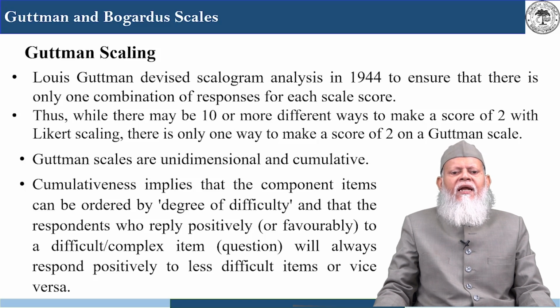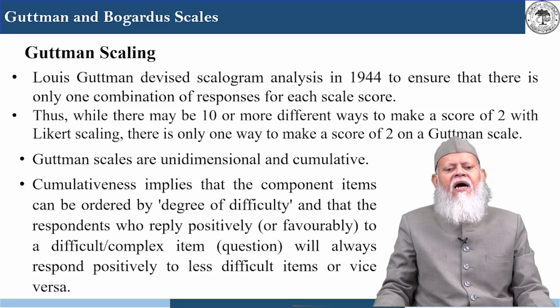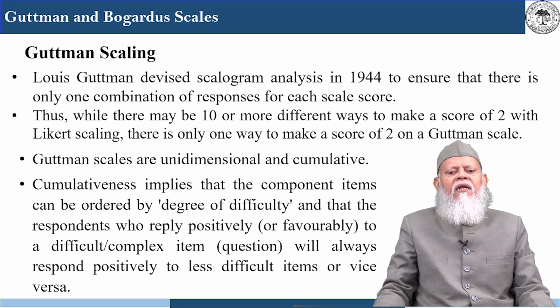Thus, while there may be 10 or more different ways to make a score of 2 with Likert scaling, there is only one way to make a score of 2 on a Guttman scale. So, that way the Guttman scales are unidimensional and cumulative.